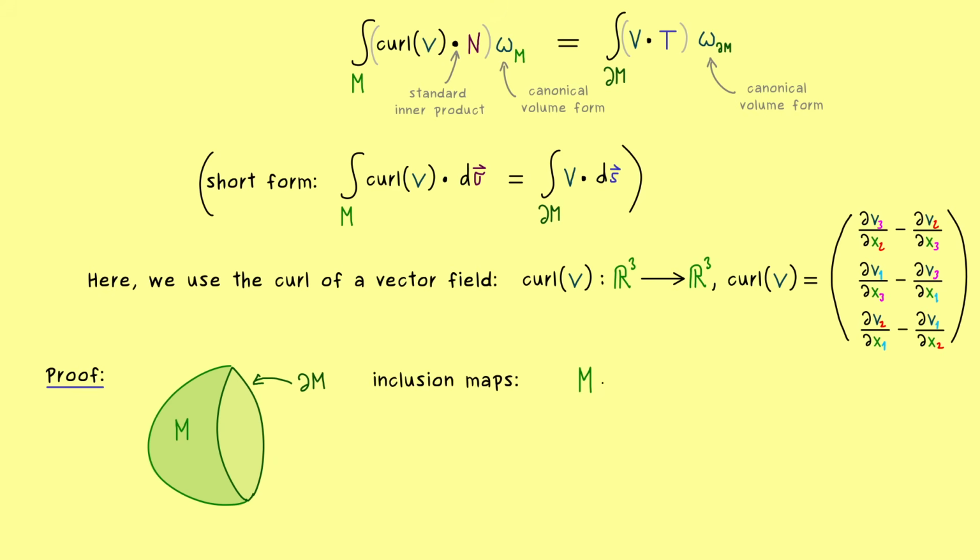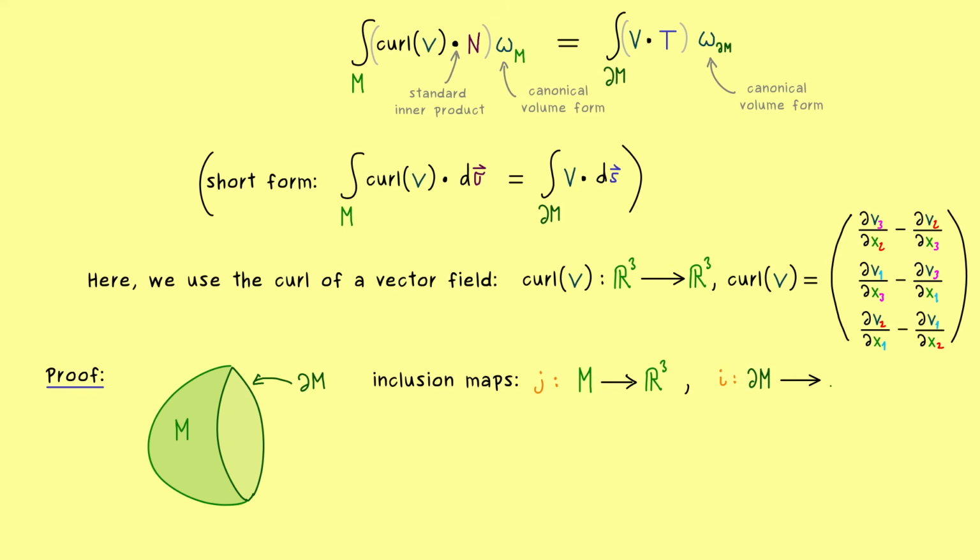First, M is a submanifold in R3, so it's embedded in the space. And now this identity map as an embedding we will just call J. And second, the letter I we use for the embedding of the boundary del M into M.